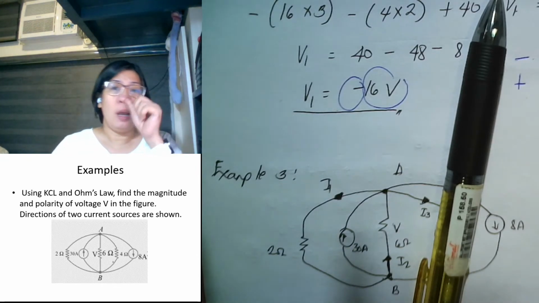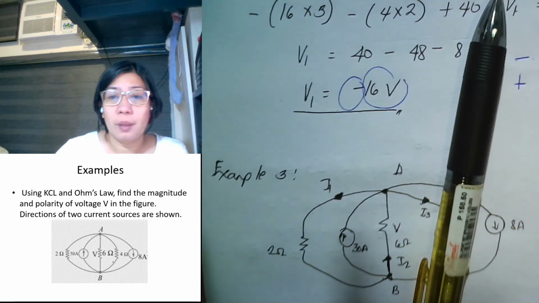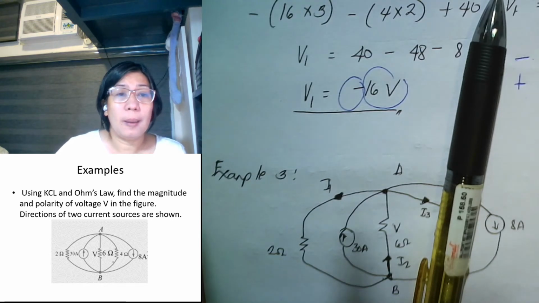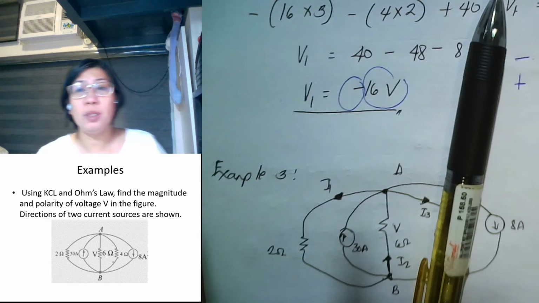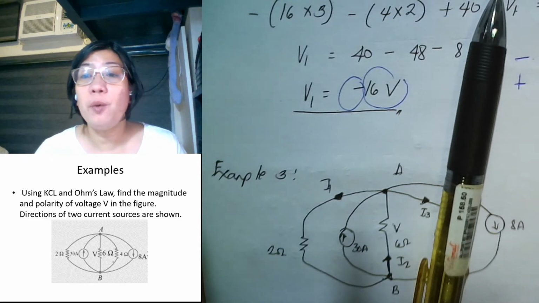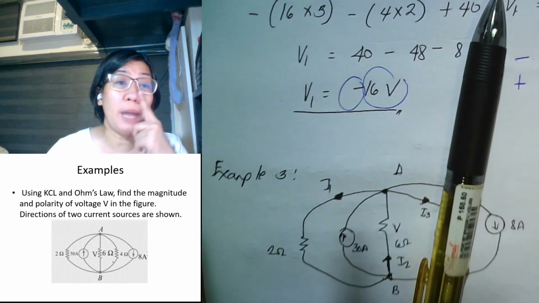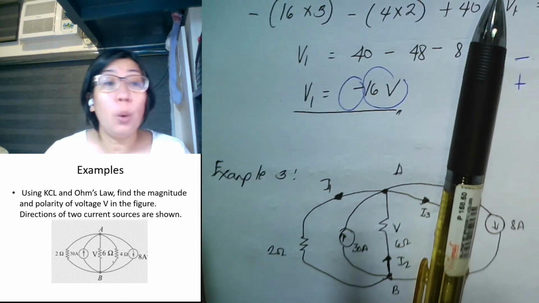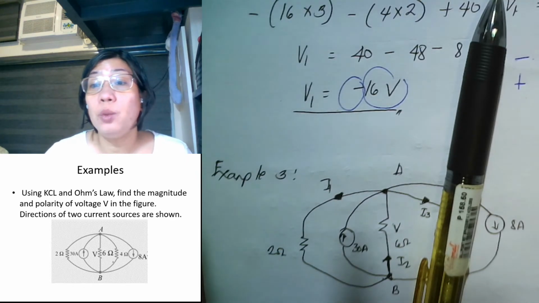So let's have another problem. Using KCL and Ohm's law, a combination of KCL and Ohm's law, find the magnitude and polarity of voltage V. We didn't assume polarity for voltage V, so we need to know what will be the direction of the two current sources.